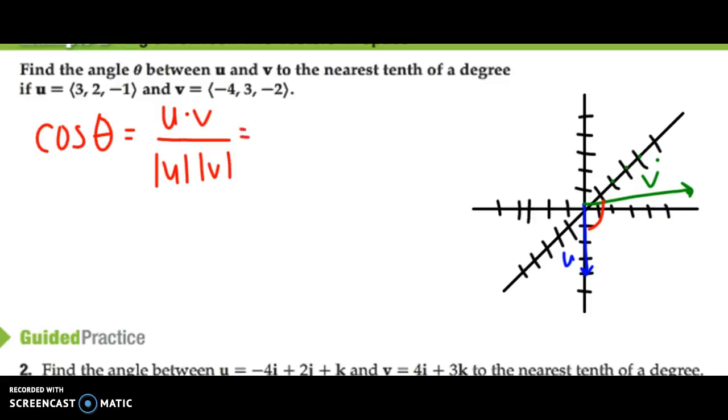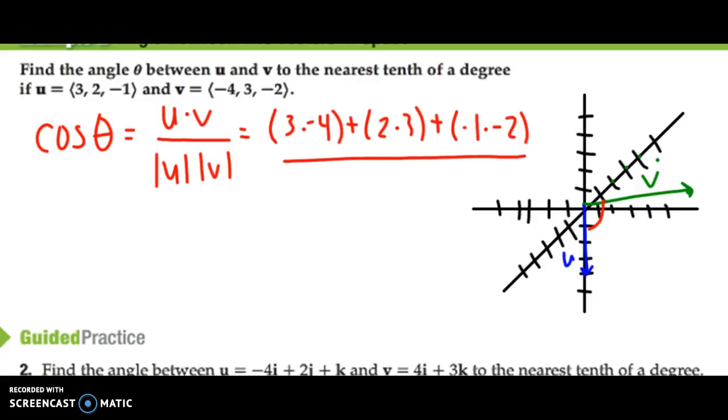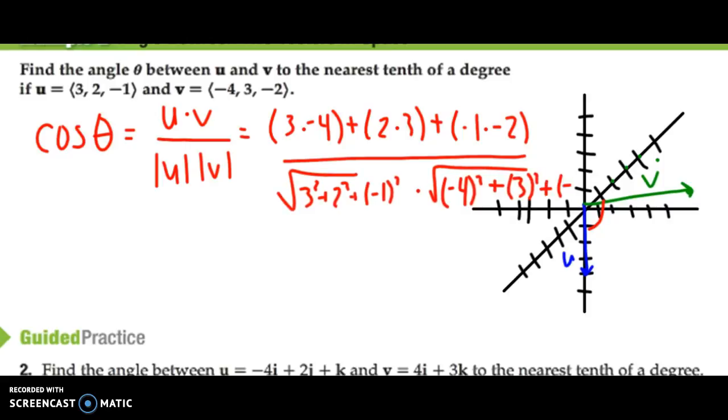So first, I'm going to find the dot product of u and v. That's going to be 3 times negative 4 plus 2 times 3 plus negative 1 times negative 2, all over, remember, the square root of 3 squared plus 2 squared plus negative 1 squared times the square root of negative 4 squared plus 3 squared plus negative 2 squared.